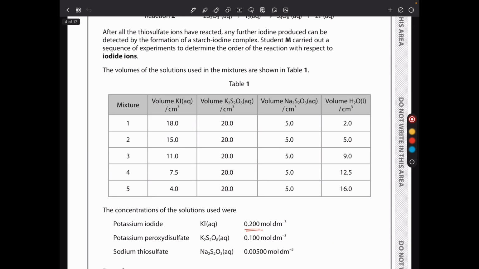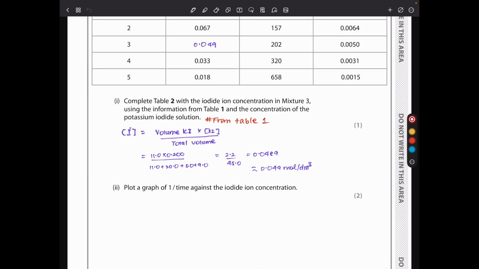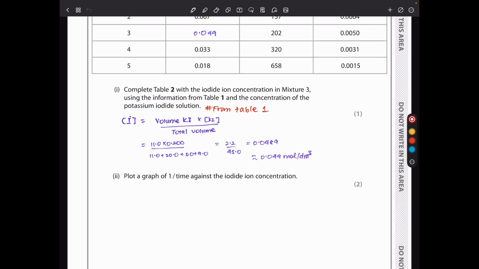So from this table, we sum up the total volumes. Here the volume is 11, the concentration is 0.2, and the total volume is added here. Using the calculator, you get 0.0489, and rounding off appropriately, I got 0.049 as my answer.